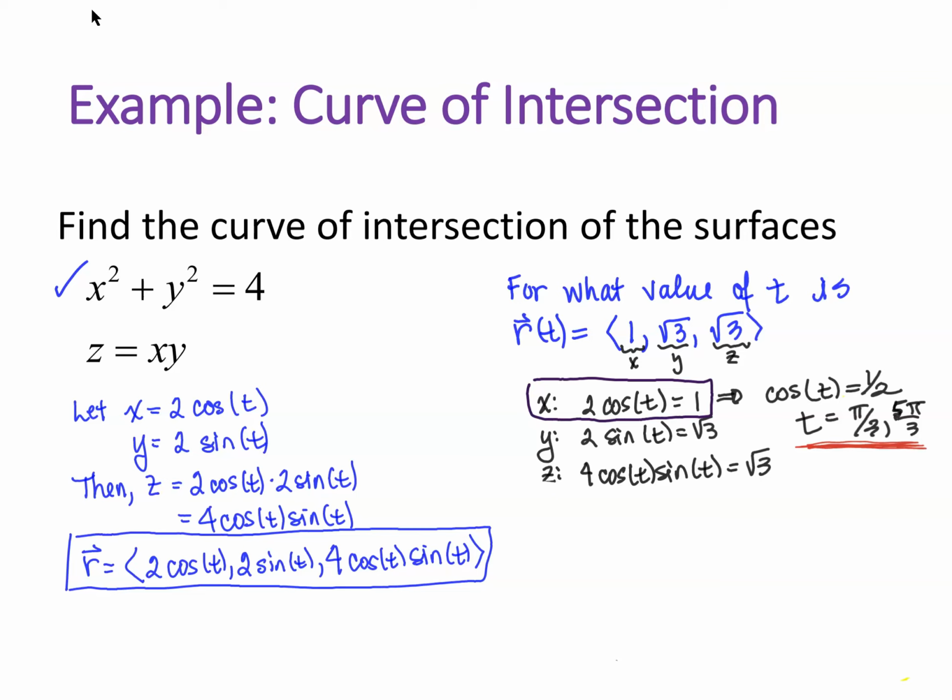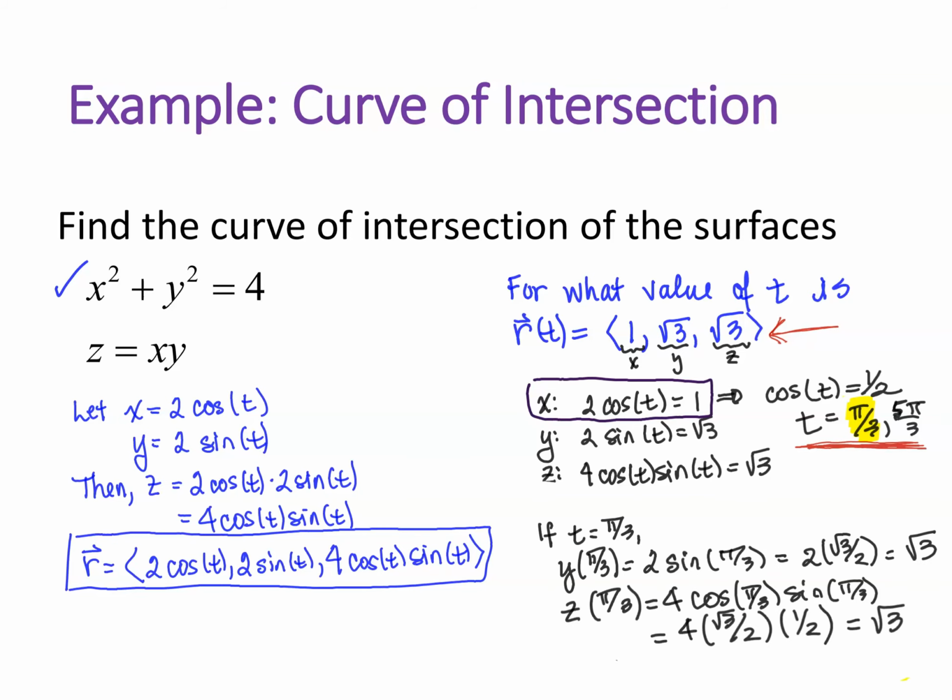So we need to verify whether those values of the parameter t satisfy the original location on our curve of intersection. We will want the y component to become square root of 3, and we would want the z component to also become square root of 3. So let's start by confirming what happens when t is pi over 3.